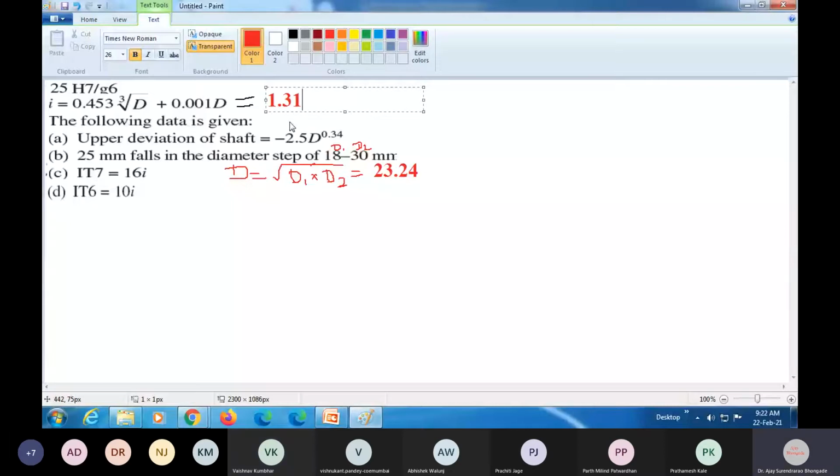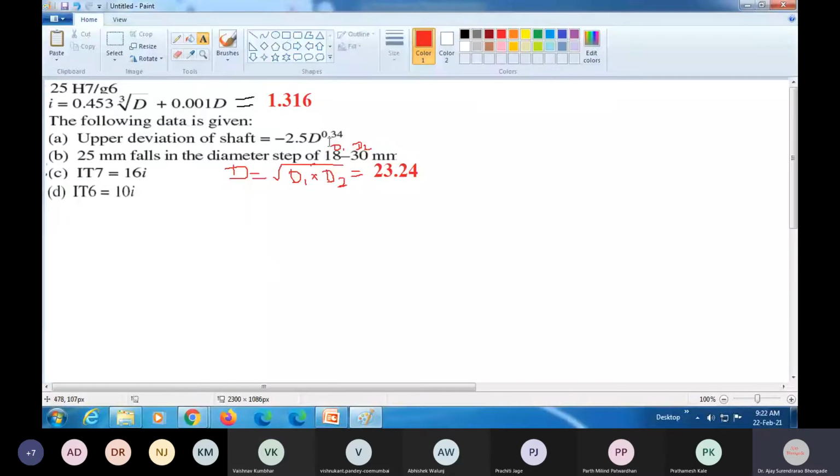Now the unit of this is in microns. Okay. So the unit of I will always be in microns, so we can call it micrometer. Okay. So we got the value of D there, and from D we got the value of I, right?